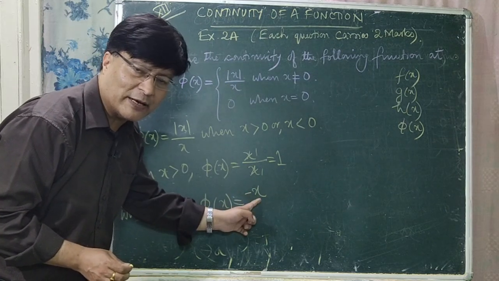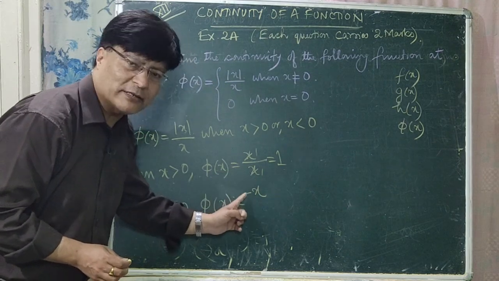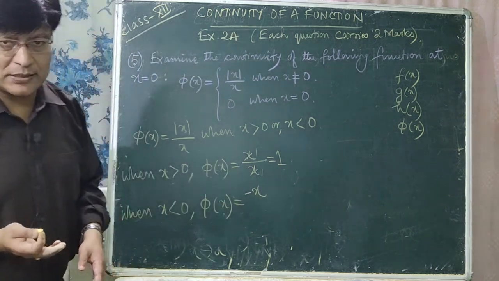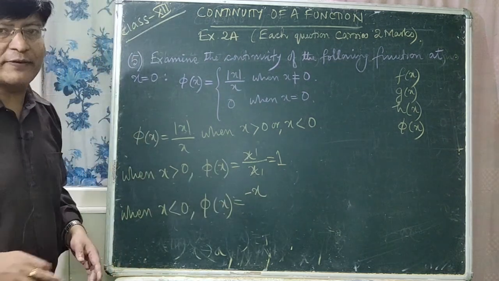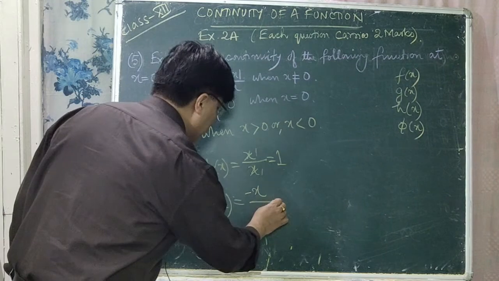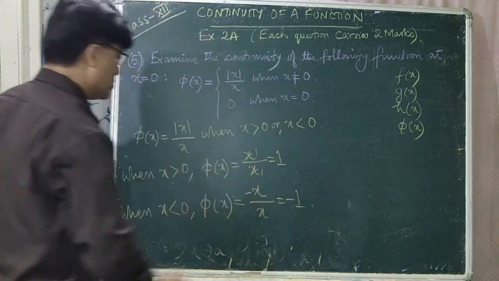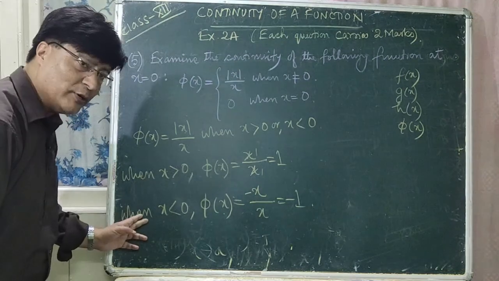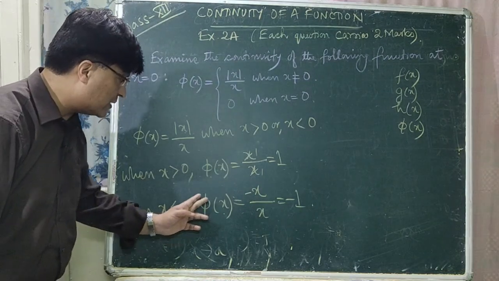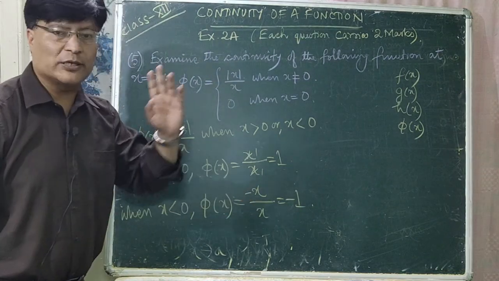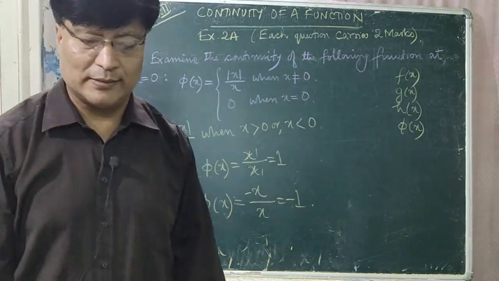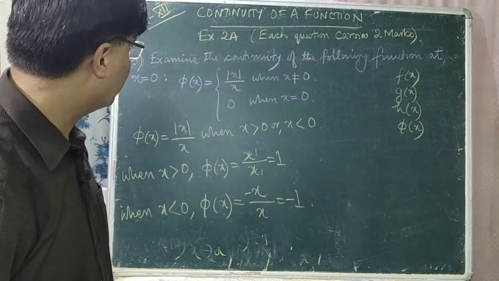Whatever may be the negative values of x, because of this minus sign, it will become plus, that is, positive values of x. So divided by x, which remains the same, it is equal to minus 1. So whenever you have x less than 0, the value for phi of x is equal to minus 1. Is that clear to all of you?